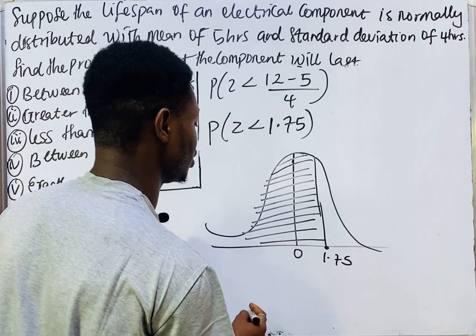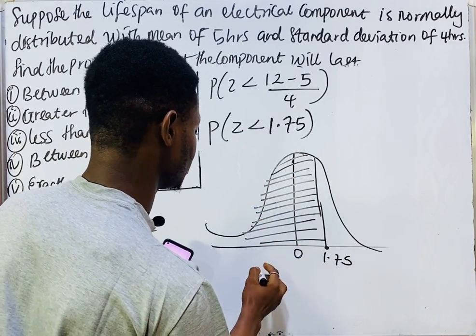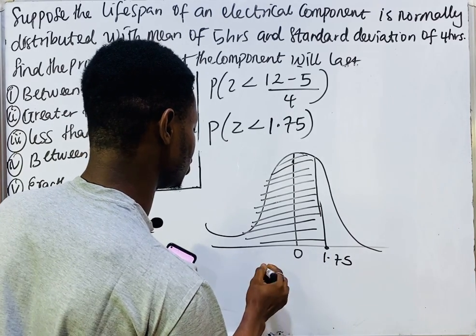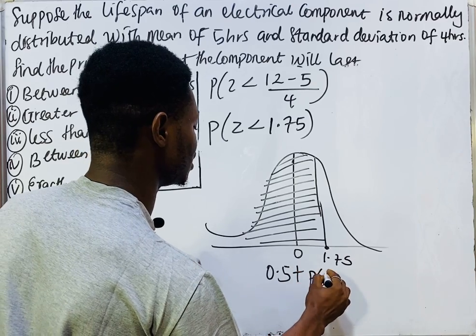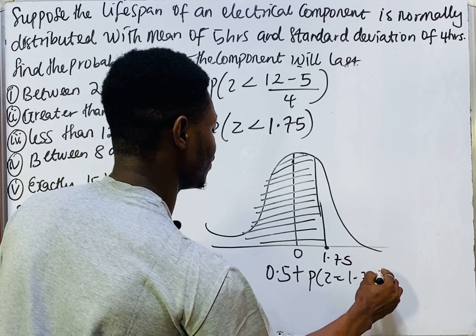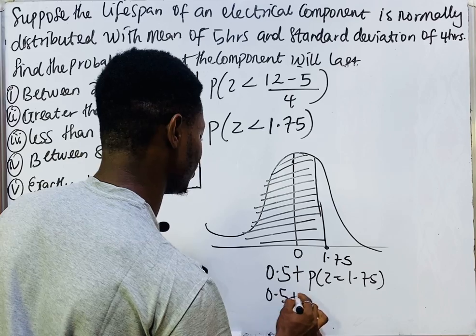Here is 0, so we are going to have 0.5 for this side, plus the probability that Z is equal to 1.75.